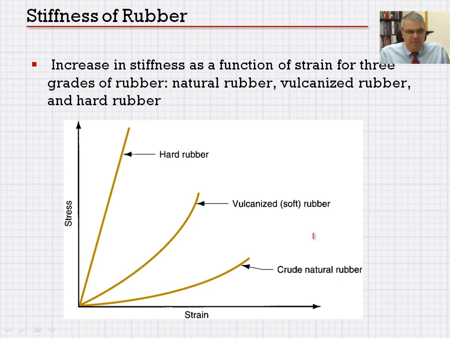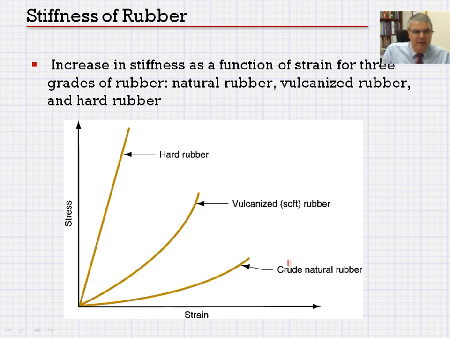There are three types of rubbers shown here. One is the hard rubber. It's the line that's more straight, and it exhibits less strain and more stress. The second line in the middle is the vulcanized or soft rubber.